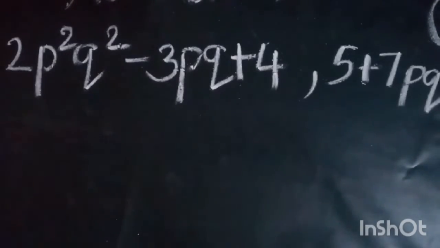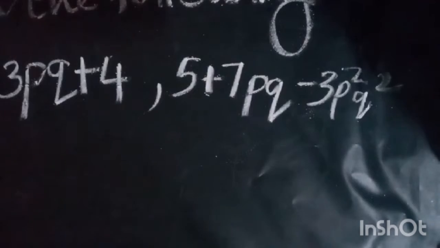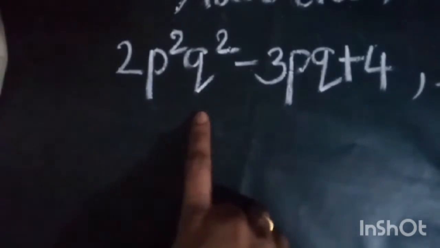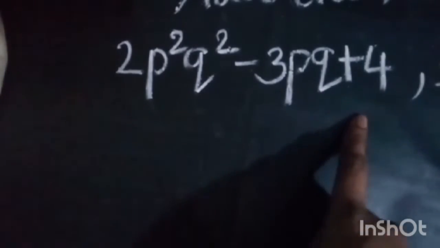Next question: 2p square q square minus 3pq plus 4. The second expression is 5 plus 7pq minus 3p square q square. We can add it by arranging column wise. First we will write the first expression, that is 2p square q square minus 3pq plus 4.